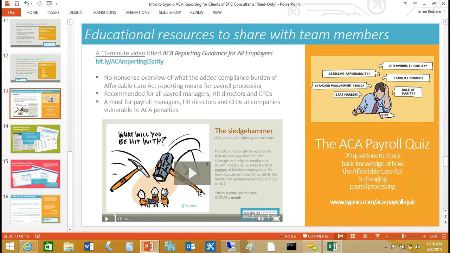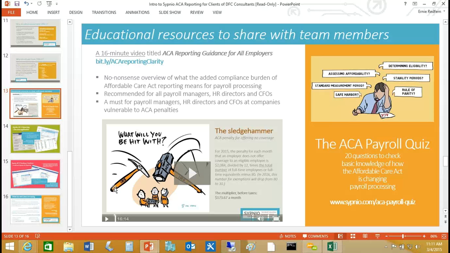And the tack hammer is a different penalty, and that's where I'm providing coverage, but it's not affordable. In that case, that's where it goes over those safe harbor limits. The sledgehammer is for all full-time employees. This one would be only applicable for those employees that went on an exchange and got a subsidy on the exchange. It's $3,100, I think $67.